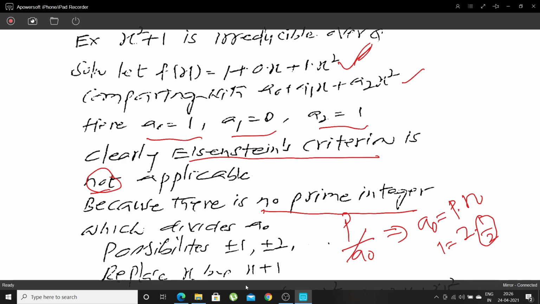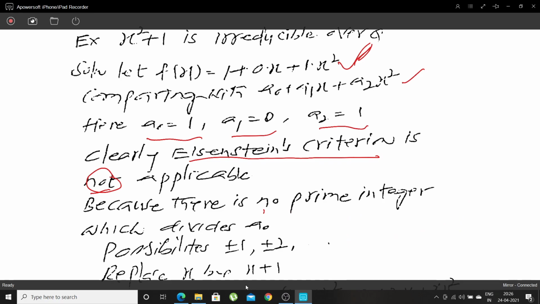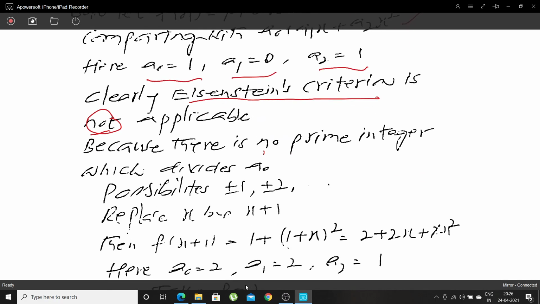Okay. So what we have to do in such a case? In such a case, we have to see the possibilities. That means using the synthetic division method approach, we have to see the possibilities.